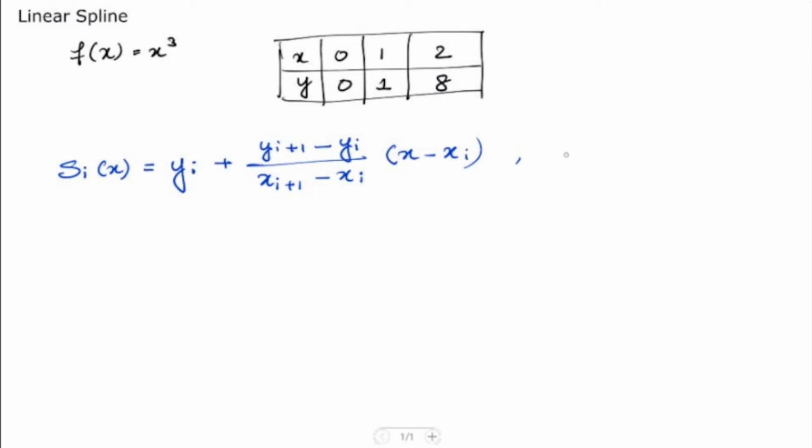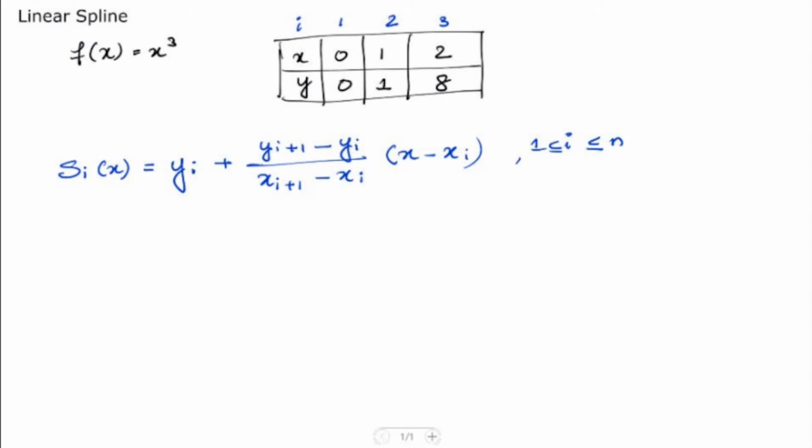So here the value of i starts from 1 and goes until n, the number of data points that you have. In this case, our i values here will be 1, 2, and 3. Those will be the values for the i.